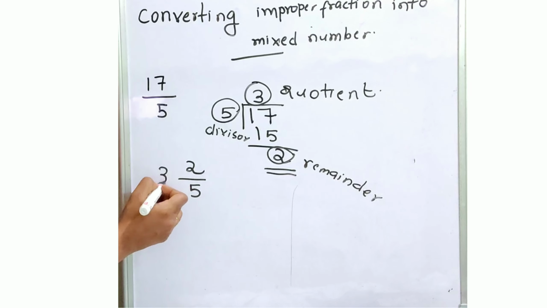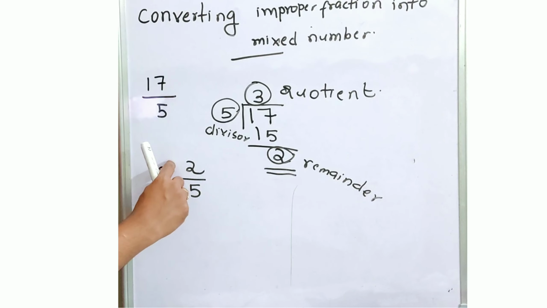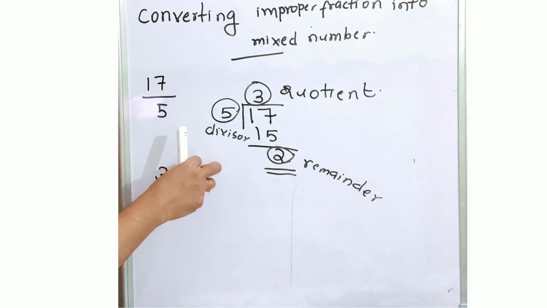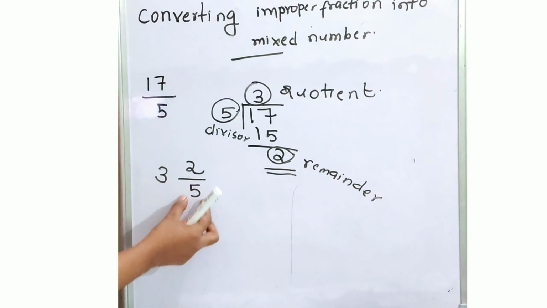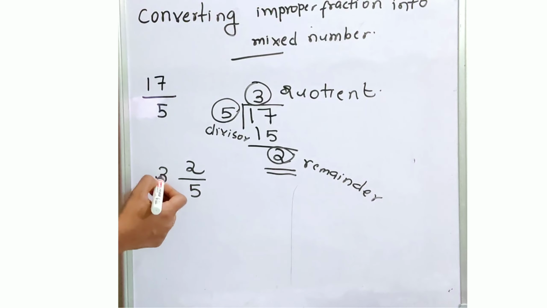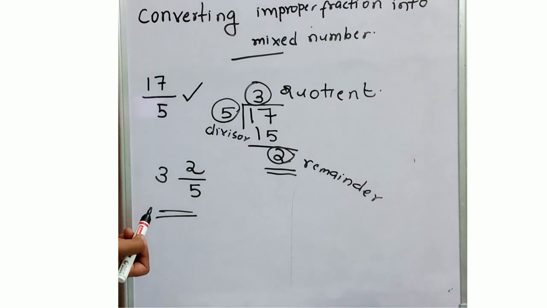So 3 2 by 5 will be the answer. So you have converted the improper fraction 17 by 5 into the mixed number 3 2 by 5.